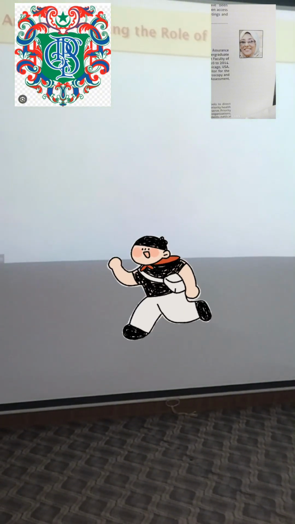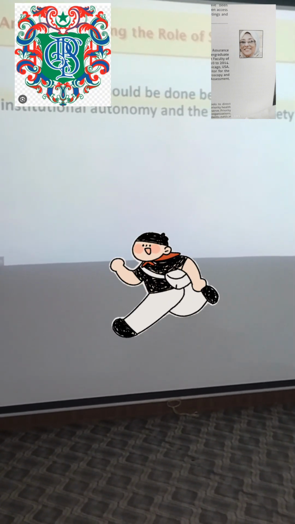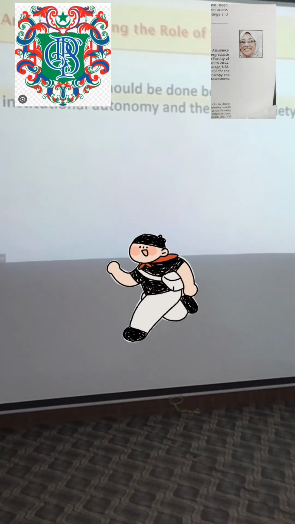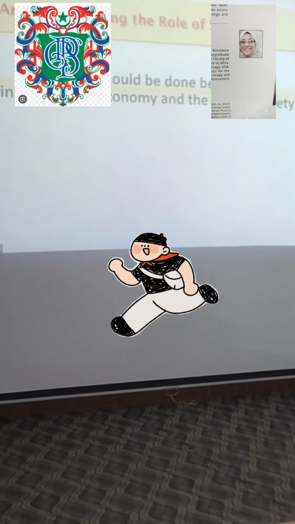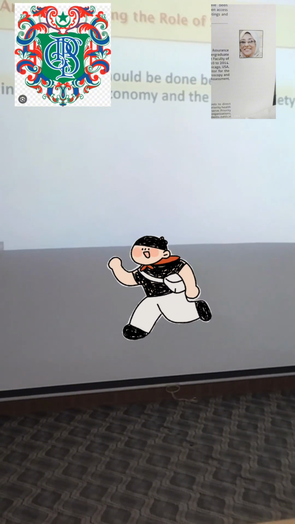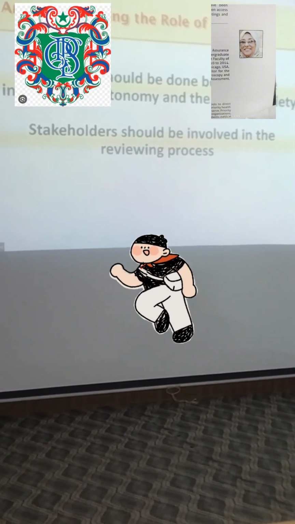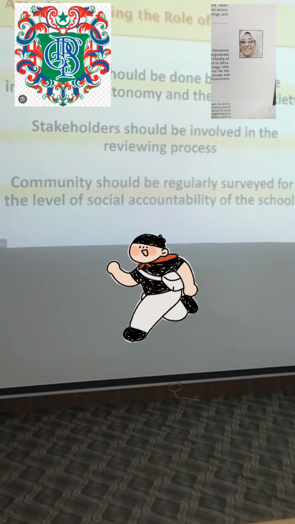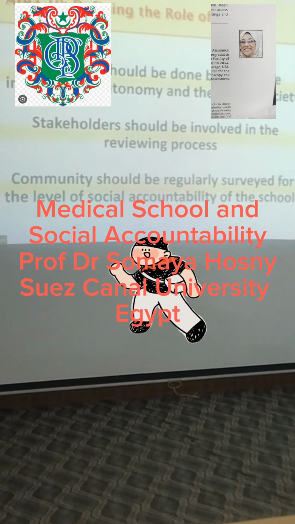The last area is defining the role of society, and there should be a balance between the institutional autonomy and the role of society. Don't let the society be too much introduced in your system, to keep your autonomy. And then stakeholders should be involved in the reviewing process. And finally, community should be regularly surveyed for the level of social accountability of the school.